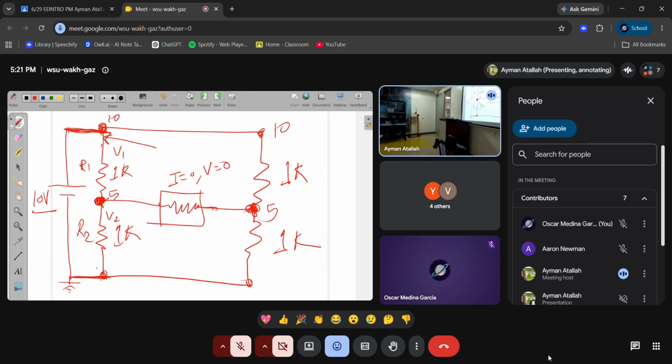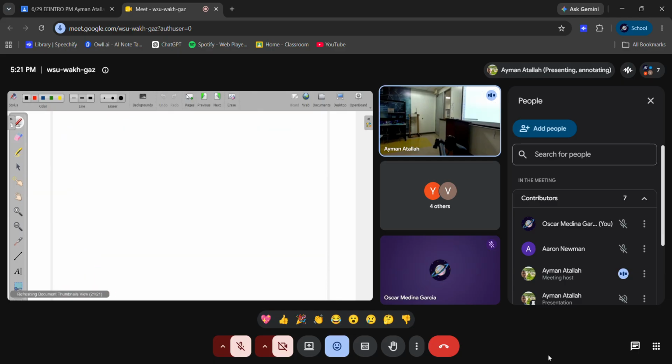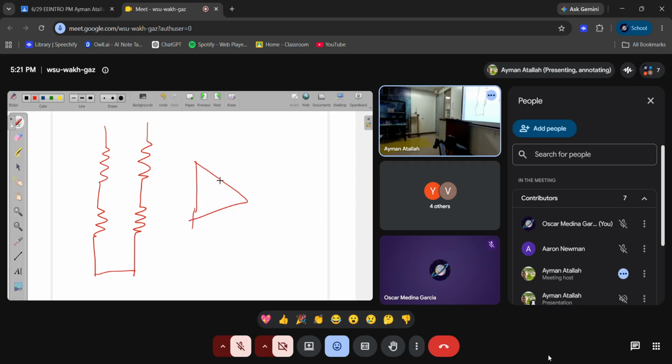So let me show you the application I want to do. So let me write this here. And here is an operational amplifier, okay? And this is the voltage here. We have positive here and negative here.